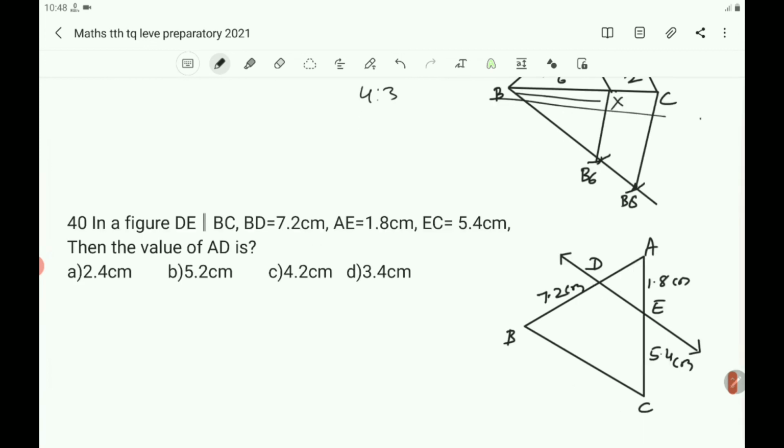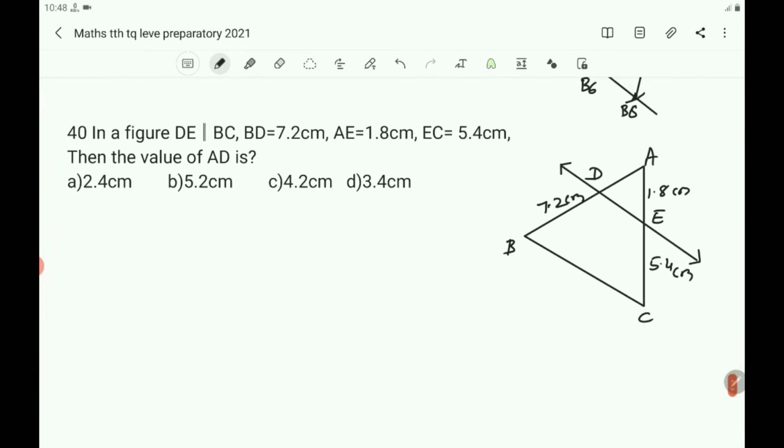Then you take the question number 40. In the figure, DE is parallel to BC. BD equals 7.2 cm. AE equals 1.8 cm. EC equals 5.4 cm. Then the value of AD is. Here use the Thales theorem. You will get AD by BD equals AE by EC. AD is to be found out.